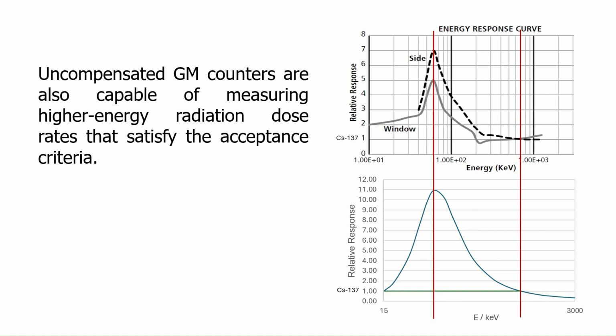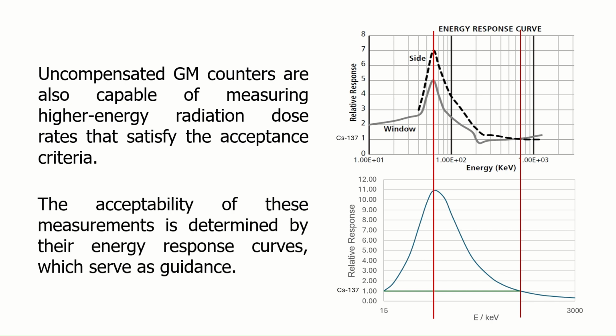Uncompensated GM counters are also capable of measuring higher energy radiation dose rates that satisfy the acceptance criteria. The acceptability of these measurements is determined by their energy response curves, which serve as guidance.